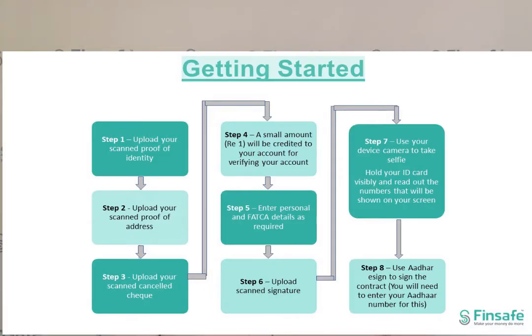You will be asked to upload scanned images of PAN and address proof. There is of course a FATCA declaration as well. And then finally, you will be asked to keep your video on and display the documents in front of the computer camera, as well as take a selfie. It's just as simple as that.